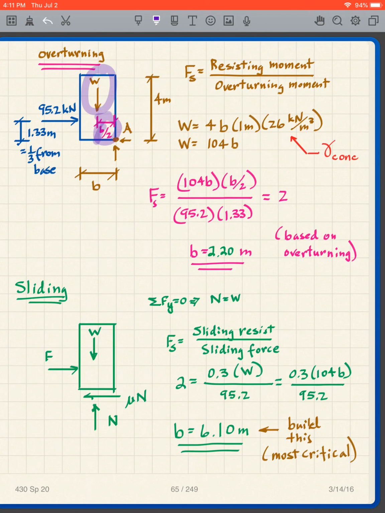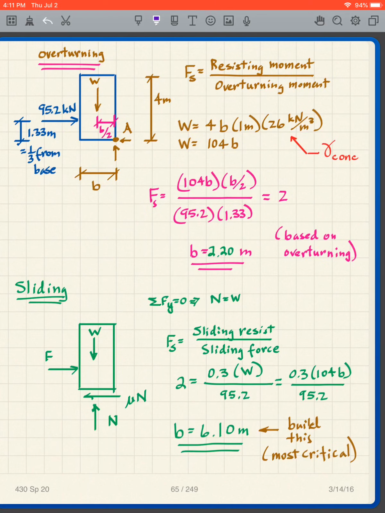So in other words, that gives the counterclockwise rotation, that W times B over 2. The overturning moment is the 95.2 times the 1.33. So that's the clockwise moment. So I'm taking the resisting moment over the overturning moment, and in this problem we required that the factor of safety be 2.